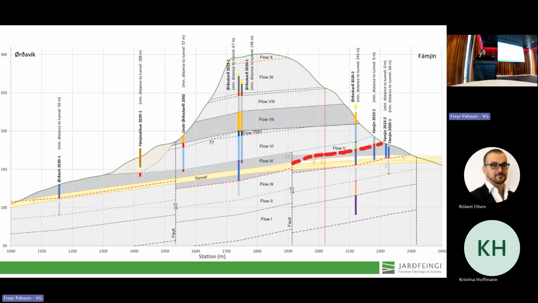So what is happening over here is that this fault, yeah. So the original prognosis was that I expected the clay horizon here to hit the horizon over here.